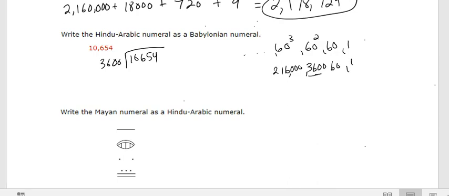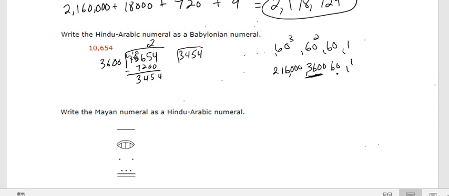So 10,654 divided by 3,600 is going to go in twice. So 3,600 times 2 is 7,200. So we subtract, we get 3,454. So then we take this remainder, 3,454, and we divide it by the next place value.